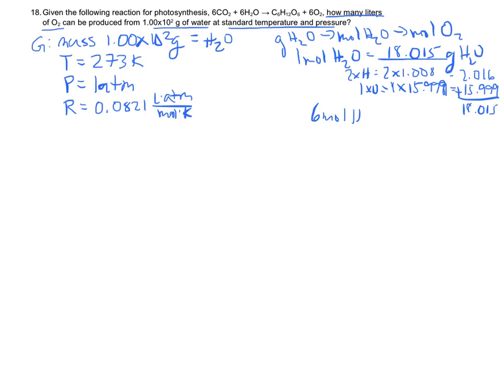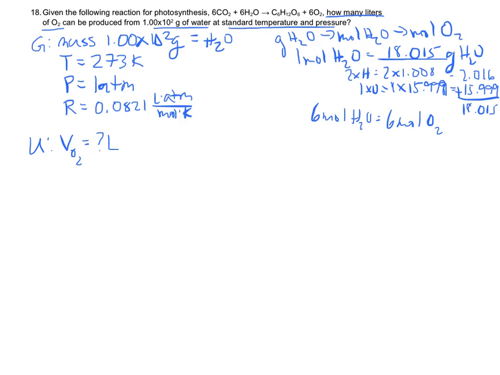So 6 moles of water equals 6 moles of oxygen. All right, so that's all of our given stuff. We know that we are looking for the volume of O2, and that's going to be in liters.